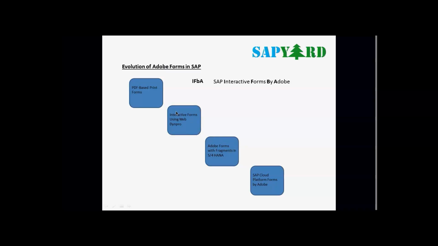Same with interactive forms. Interactive forms are used in industries where we are still using some enterprise portal, and there we are integrating PDF forms where we ask end users to fill in some input data, but for that we need some additional licenses and additional settings in our SAP system.